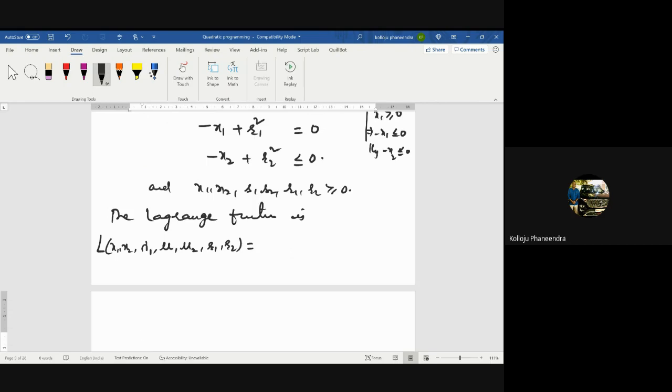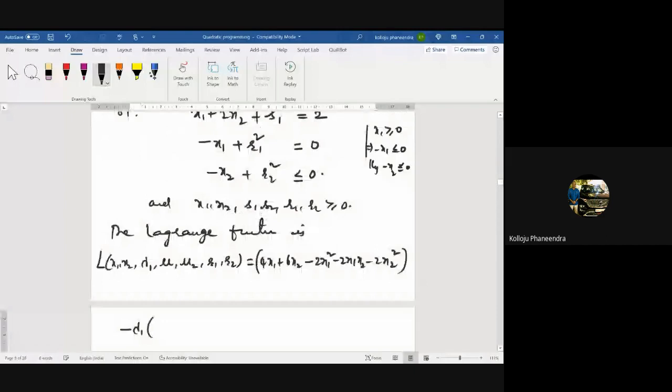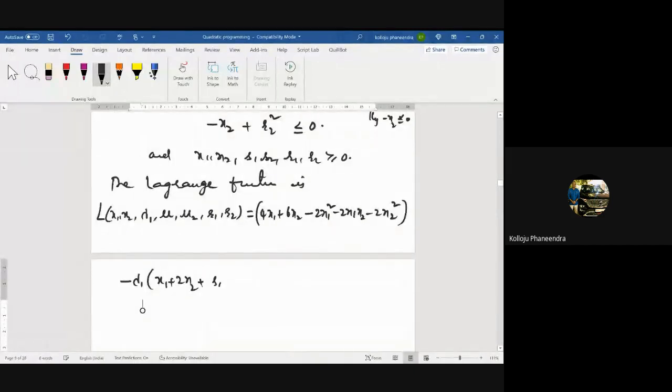What is the objective function? I have to write 4x1 plus 6x2 minus 2x1 square minus 2x1 x2 minus 2x2 square. This is the objective, minus lambda 1 into the constraint. What is the constraint? x1 plus 2x2 plus s1 square minus 2. This is over.